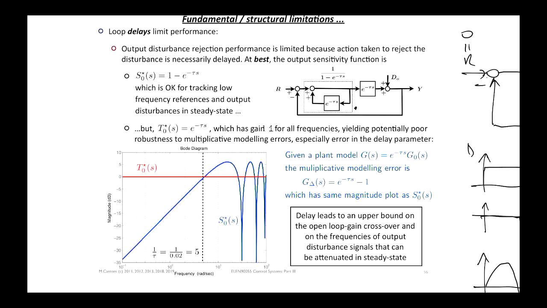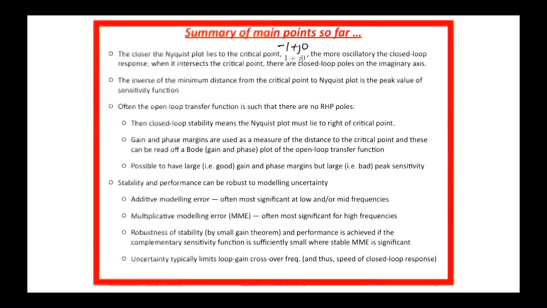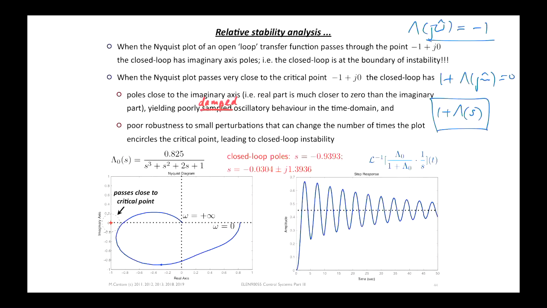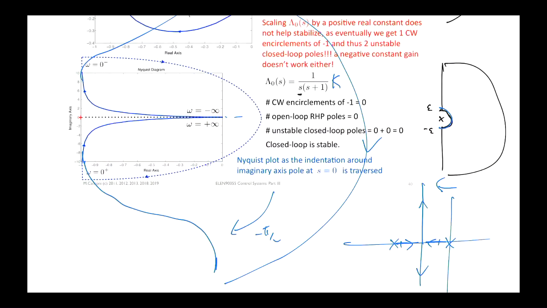It's related to 1 over the delay. Okay, so having delay in the loop puts a limitation on the crossover frequency. Okay, this point here, as we've seen before, is where the loop gain will cross over. All right, and as we've seen before, having delay in the loop places a limitation on the crossover frequency from the perspective of stability, right?